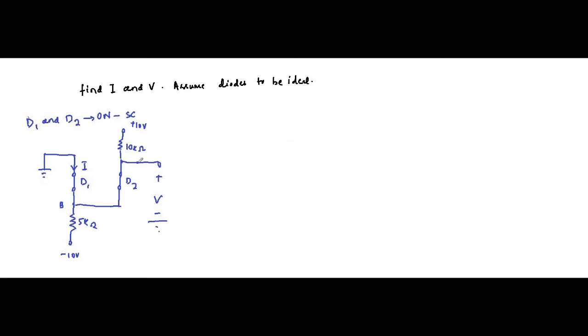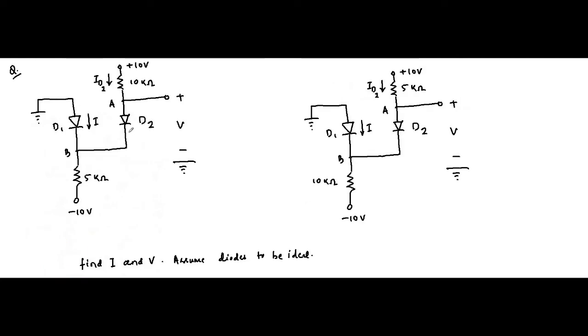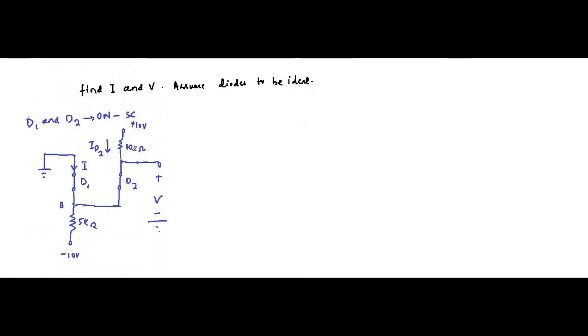Now this current here is specified as ID2, the current flowing through diode D2. If we notice here, this point B is directly connected to ground.